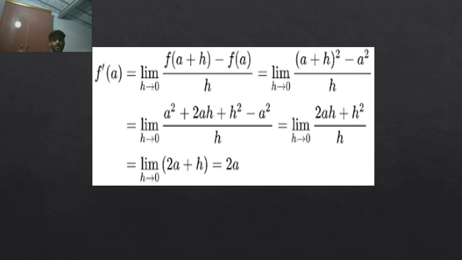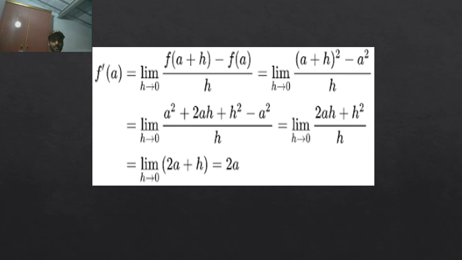f prime of a is equal to limit h tends to 0 of f of a plus h minus f of a over h. Limit of (a plus h) whole square minus a square.